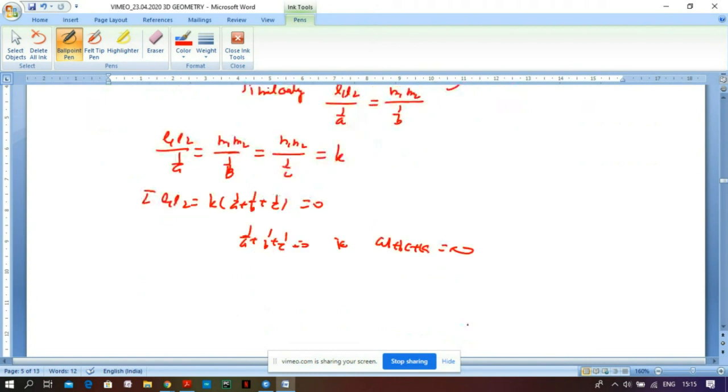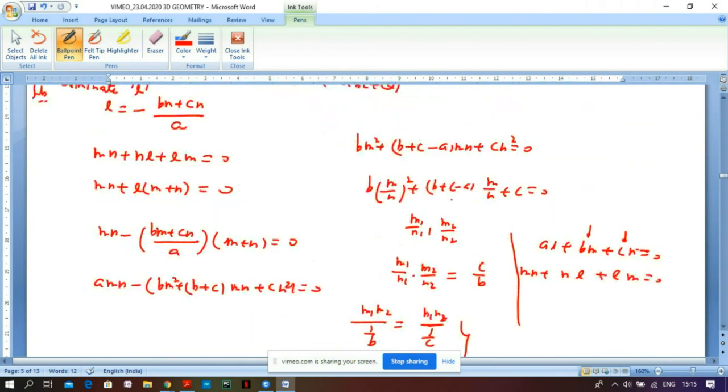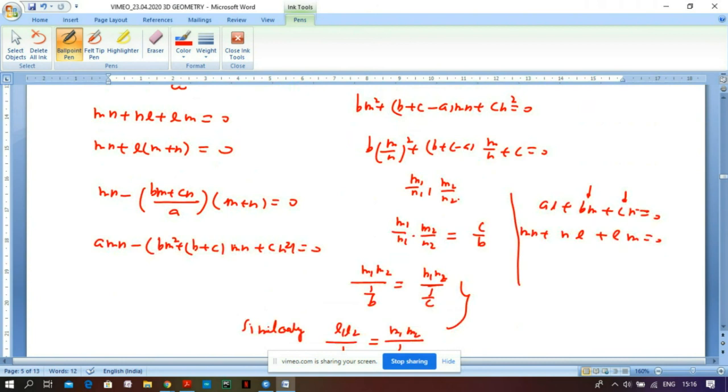For the second part, that lines are parallel, it is a much simpler calculation. So let's go to this one again. If lines are parallel, then m1 by n1, m2 by n2, they should be equal. Means the roots of this equation should be coincident.